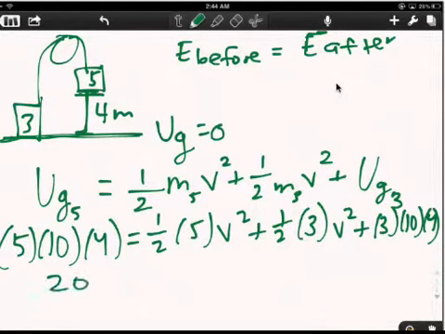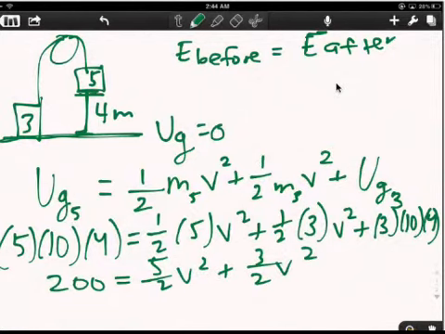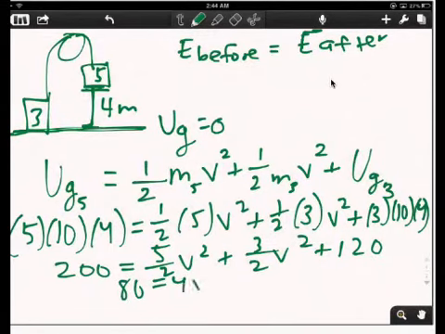So that's 200 equals 5/2 v squared plus 3/2 v squared plus 120. You subtract and you get 80 equals 4v squared. So v equals 4.47 meters per second.